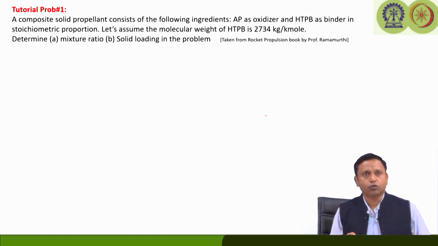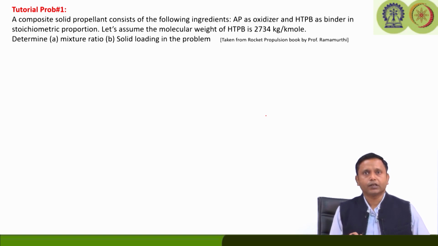Now, it is asking us to find out the mixture ratio and the solid loading in the propellant. So, it is asking how much solid loading ratio is there. This is an example problem taken from one book by Professor Ramamurthy. So, we just look at how we understand the theory part, and we will simply proceed with that.